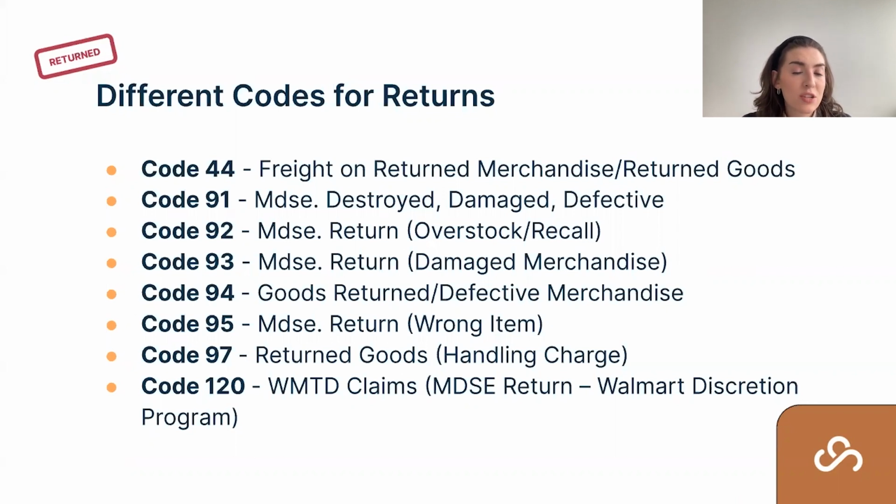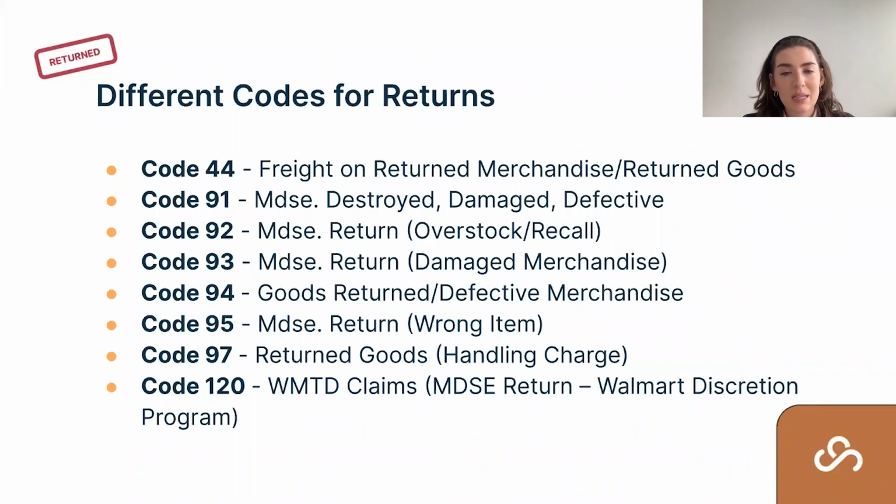The fourth code is code 93, which is another merchandise code, but the subtext there is damaged merchandise. And you can start to see that these overlap, with code 91 and code 93 really looking very similar, but we'll break down those details. It's really helpful to pause here and look at these in particular.